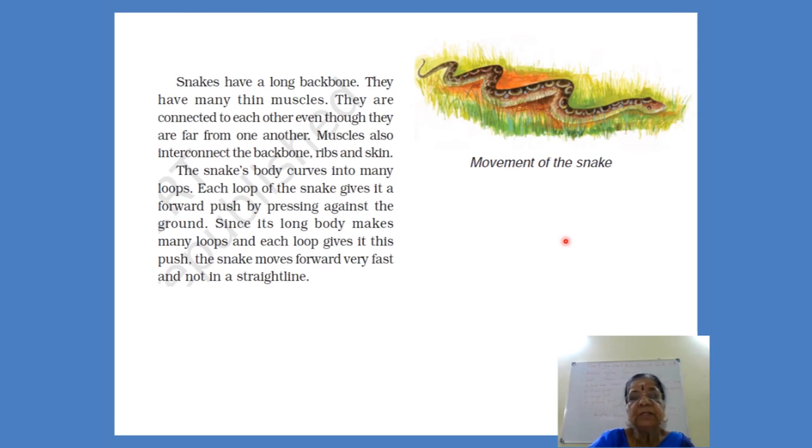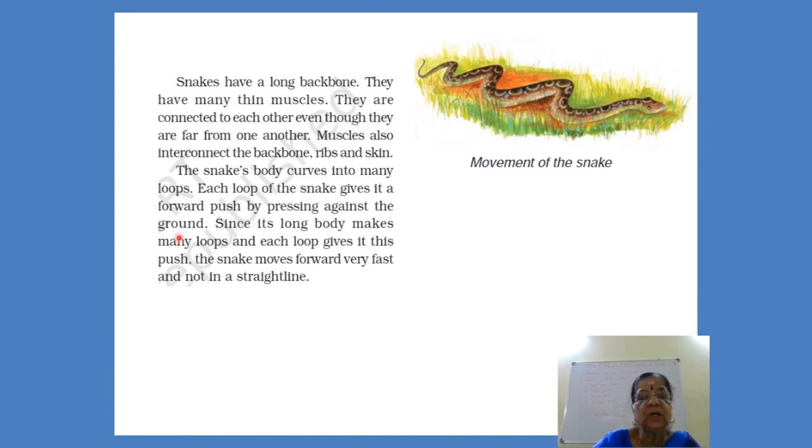The movement is called slithering or undulatory movement, where snakes have a long backbone and they have many thin muscles. They are connected to each other even though they are far from one another. Muscles also interconnect the bone, ribs and skin. And the snake's body curves into many loops. Each loop of the snake gives it a forward push by pressing against the ground.